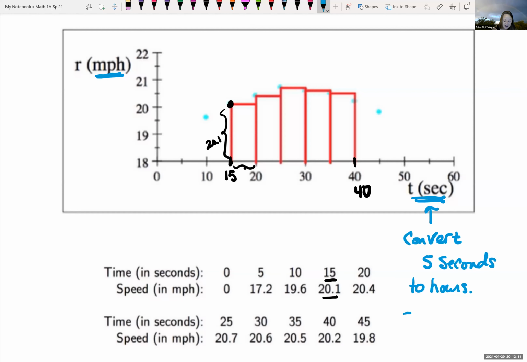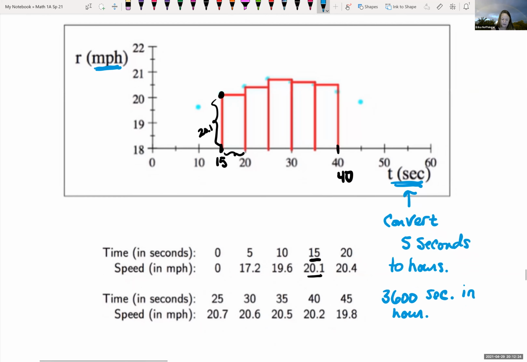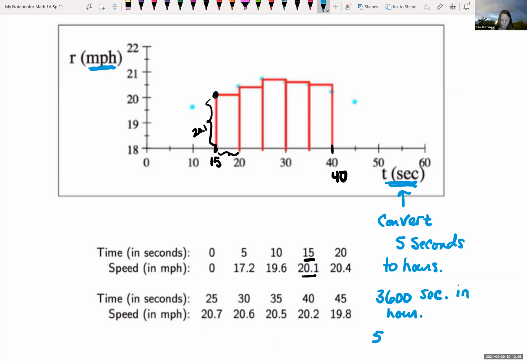Well, there's 3,600 seconds in an hour. So 5 seconds is going to equal 5 over 3,600, which we can reduce. Okay, so you would do that for each piece. So in each piece here, we're going to have 5 over 3,600.